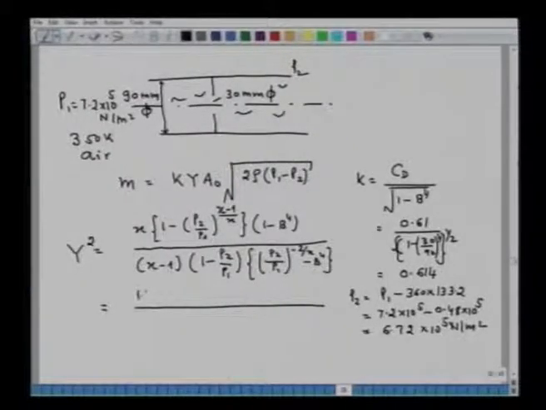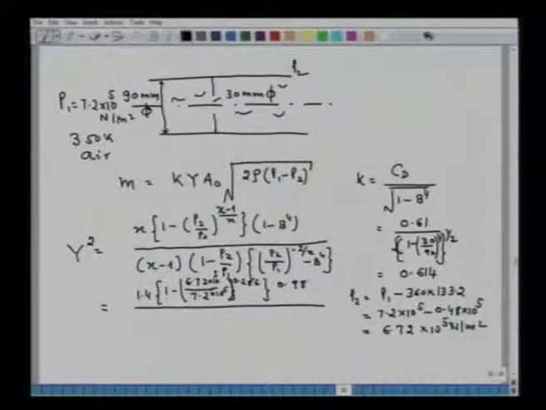So, I substitute 1.4. 1 minus 6.72 upon 7.2 into 10 to the power 5 into 10 to the power 5, that is raised to the power 0.286. 0.987, that is the value of 1 minus b to the power 4, that is equal to 0.4, 1 minus 0.933, 0.933 raised to the power minus 1.428, minus 0.013.